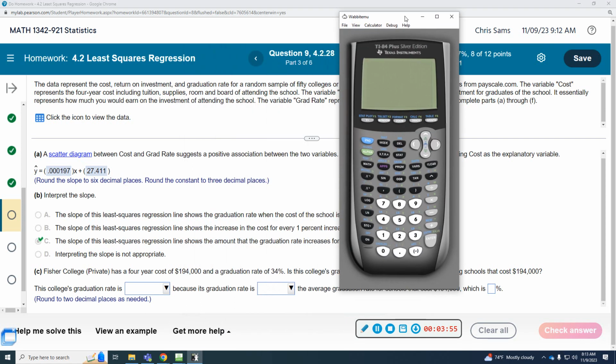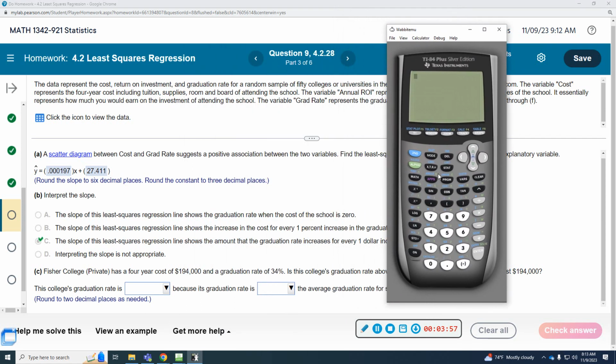So I've got my calculator open now. We're going to do 0.123197 times the cost 194,000, and then we're going to add 27.411.